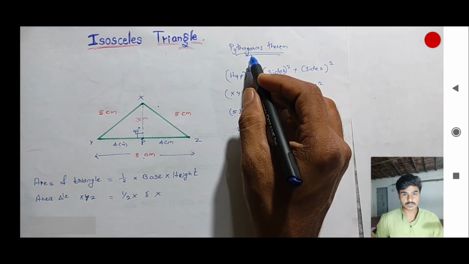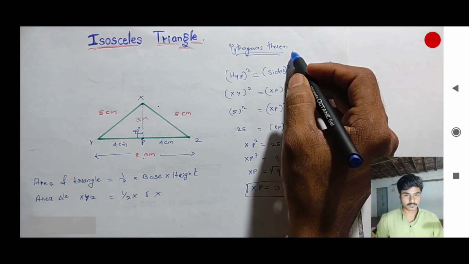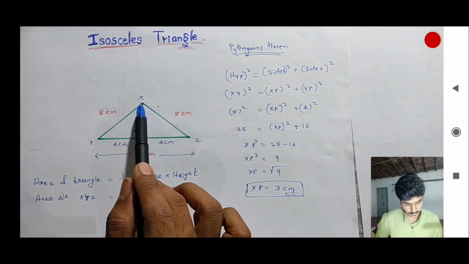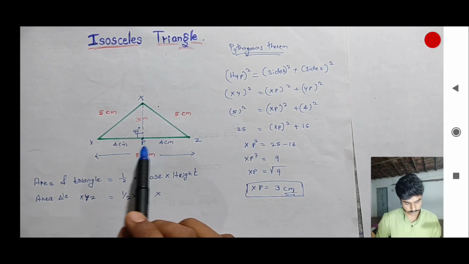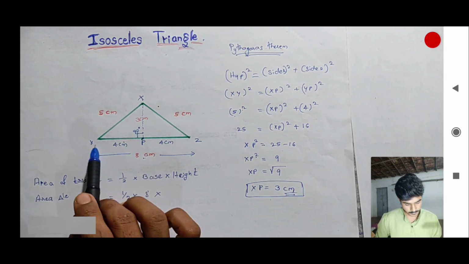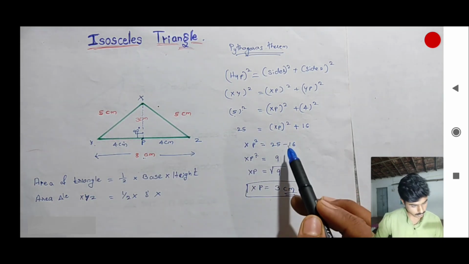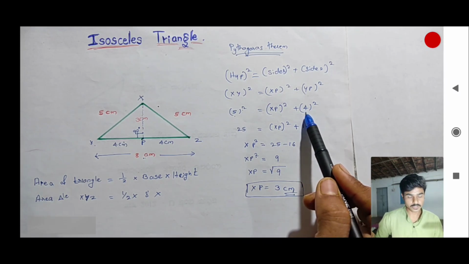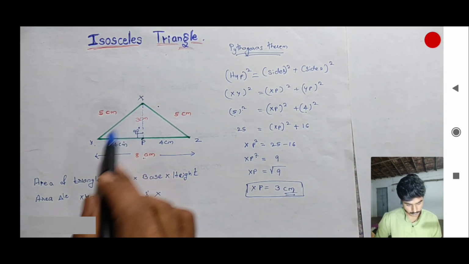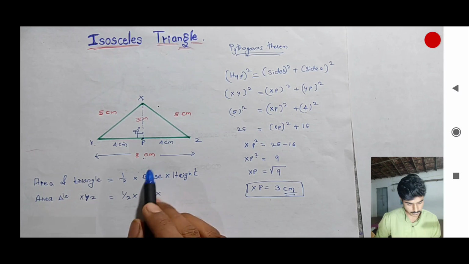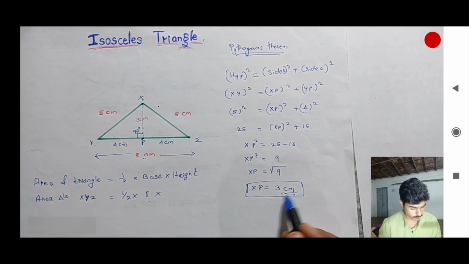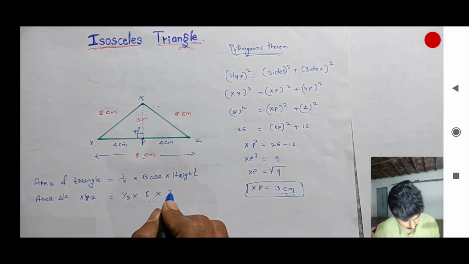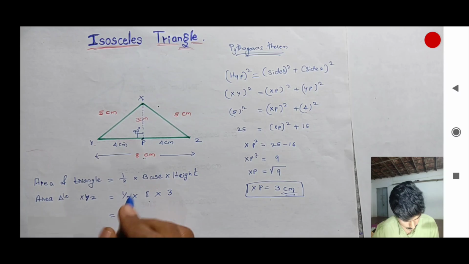When we were using Pythagoras theorem, we just took the right angle triangle XYP, that's why we took 4 there. But now we are finding the area of the whole triangle, that's why we need to write the base as 8 centimeter. Then height, as we have found, XP is 3 centimeter. Okay, let us cross cut here itself.